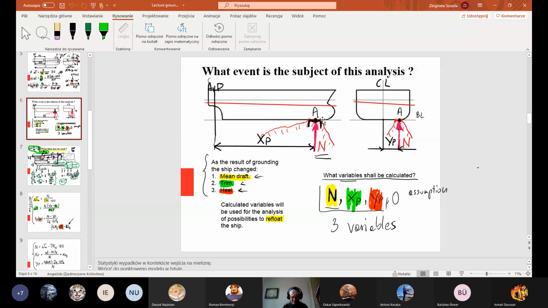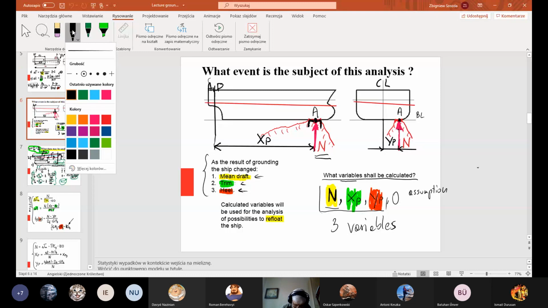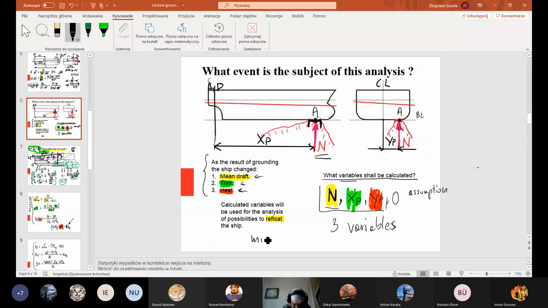Batuhan, am I right? Is it your understanding? Exactly, yes sir. If I want to put an equation describing the sentence, it would be like that. Mg, this is the weight of our ship. The weight is supported by the displacement.